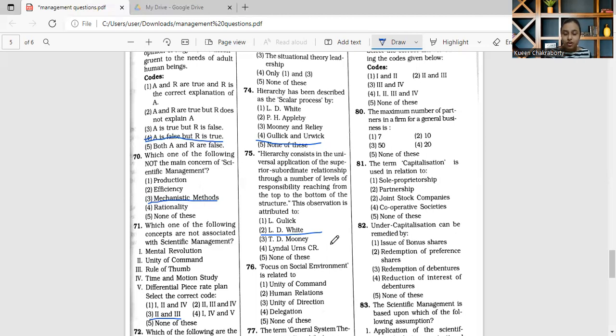Focus on social environment is related to unity of command, human relations, unity of direction, delegation, or none of this. Which will be the correct answer? See, society is the human being in his social relations, and every human being is an individual embodiment of social relations, or we can consider him or her a product of the existing social systems.